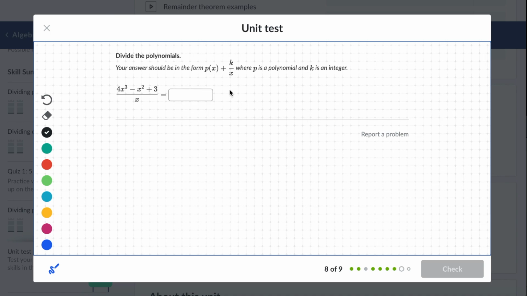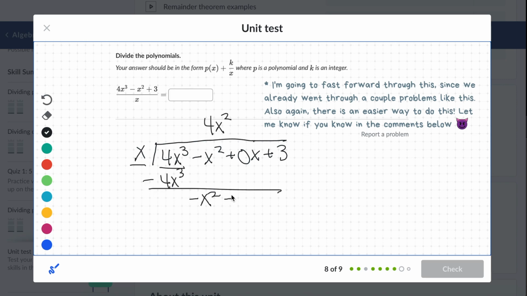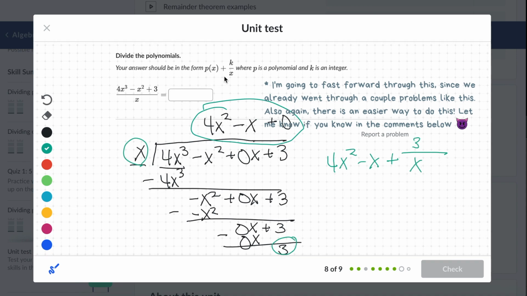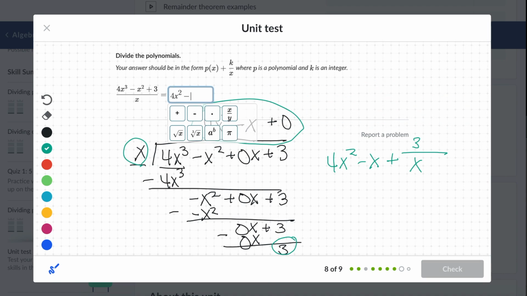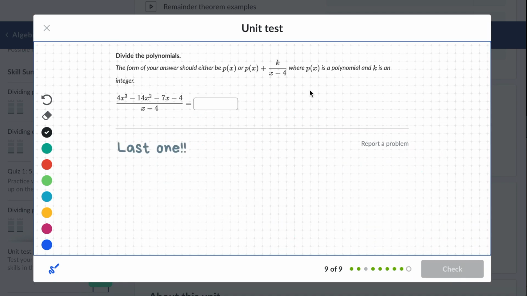Almost done, guys. Divide. I'm going to go back to long division for this. Oh my gosh, why are there so many terms in this one? I'm going to use synthetic division for this because it's in this x minus a format. Let's just power through.